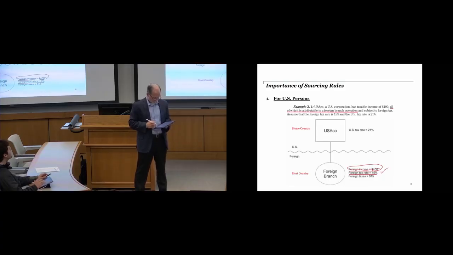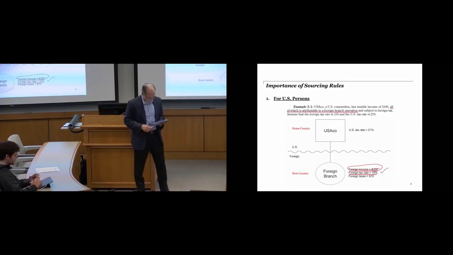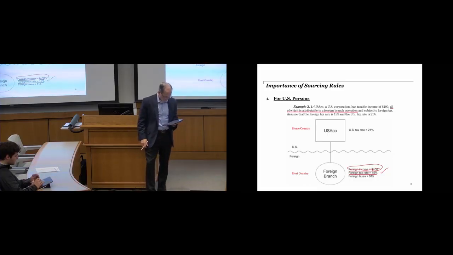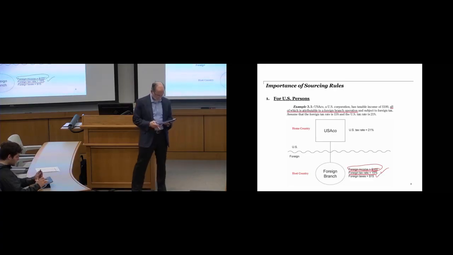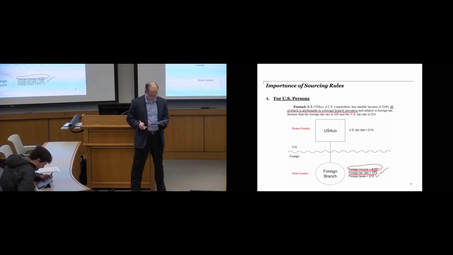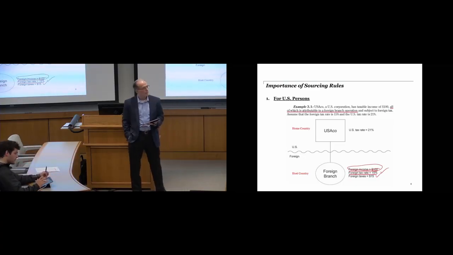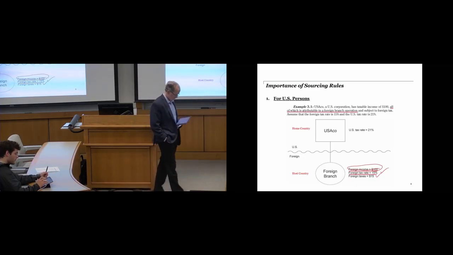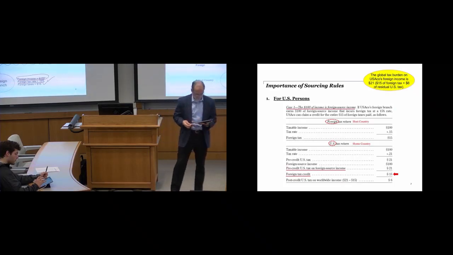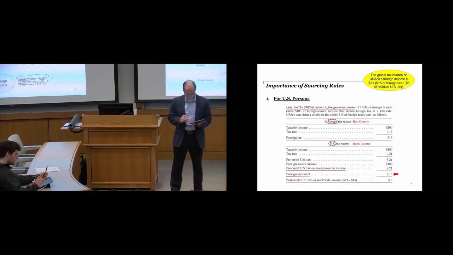We know the foreign tax rate is 15%. So on the $100, the company pays $15 for the foreign tax. Now, because this is a U.S. company, we still need to consider the worldwide income tax. At a 21% U.S. tax rate, the tax on this income would be $21.